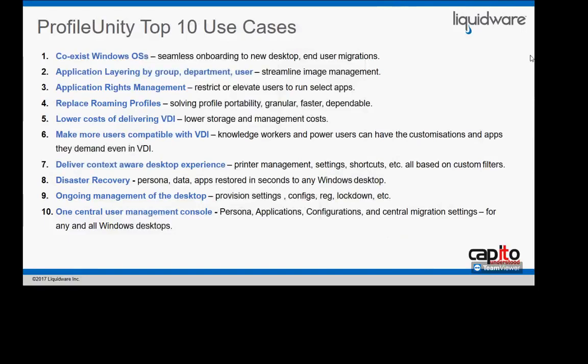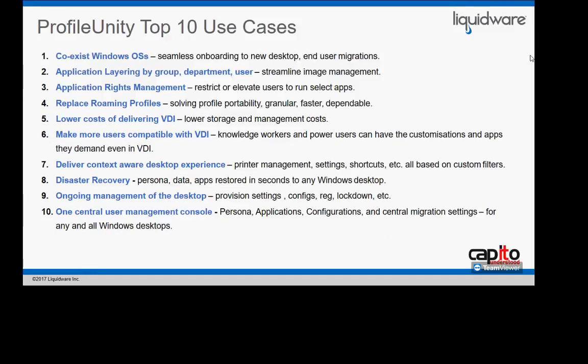And as you can see, application rights management is there, but it's the coexistence between Windows operating systems. The other big thing, and I don't want to throw spanners into your works, Fred, but Office 365. And how do I deal with that in a non-persistent environment with caching and indexing?